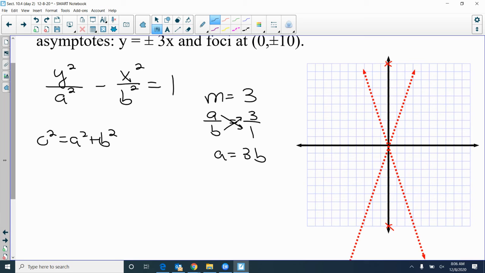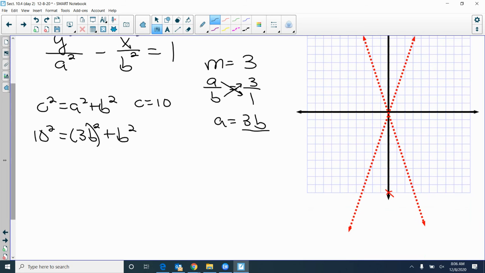Go back to this case here. I know that C is 10. So that means 10 squared has to equal A squared plus B squared. Well, what is A equivalent to? A is equivalent to 3B. So it's going to be 3B squared plus B squared. 10 squared is 100.